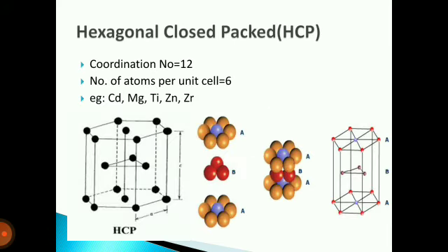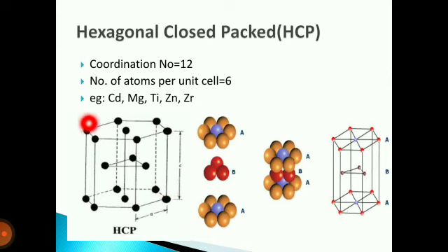The next type of crystal system that we are going to study is hexagonal closed packed crystal structure, that is called as HCP, hexagonal closed pack. Hexagonal closed pack system can be visualized as the top layer of hexagon and bottom layer of the hexagon.